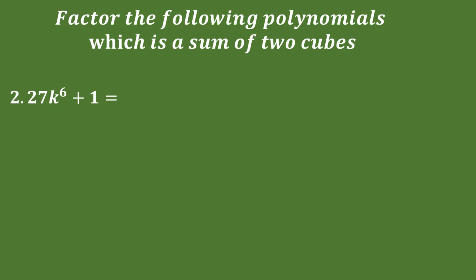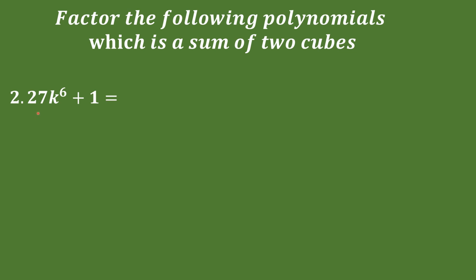Okay, to explore more, let us have the second example. The given there is 27k to the 6 plus 1, but we need to investigate them before factoring them. So far, the 27 as a constant is a perfect cube, because what number multiplied by itself 3 times will give us 27?